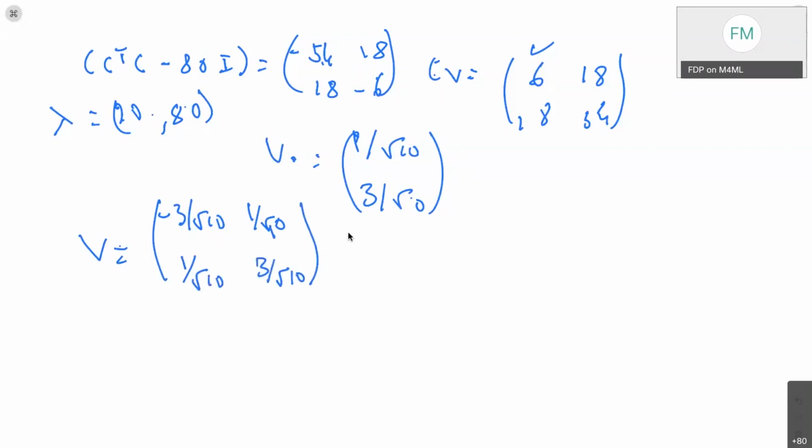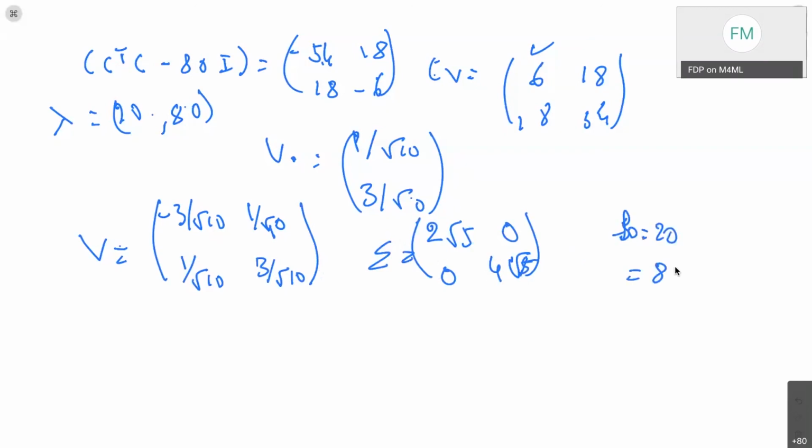And we have sigma as 2 root 5, 0, 0, 4 root 5, because from 20 and also 80 we have obtained this.